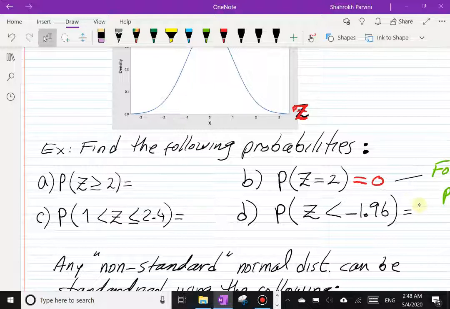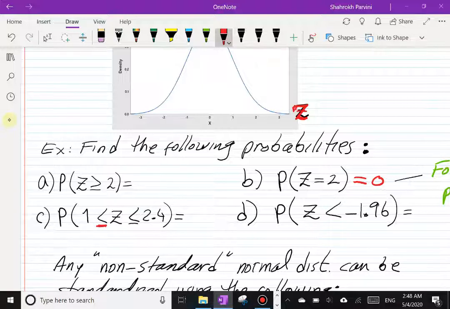And that has to do with measure theory and the theory of measurements and things like that. But keep that in mind for our work. One immediate consequence for us is this. In part C, I have z greater than 1. For this one, whether you put an equal sign here or not makes absolutely no difference.